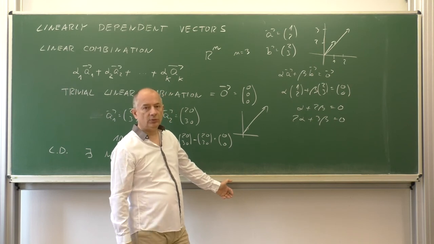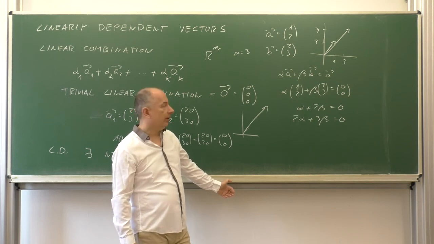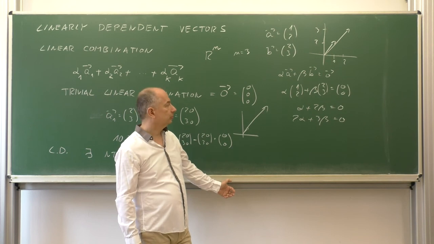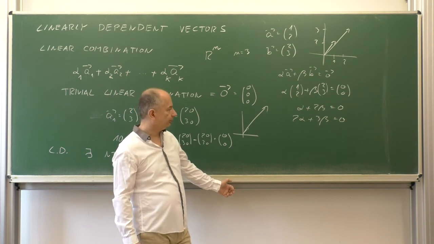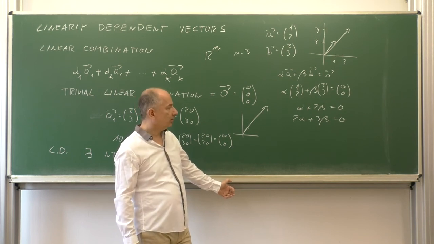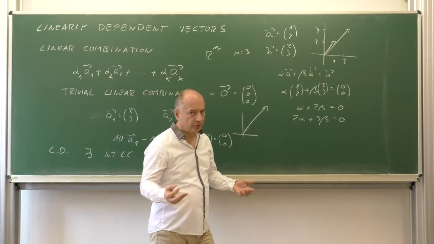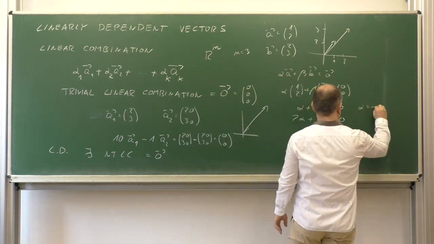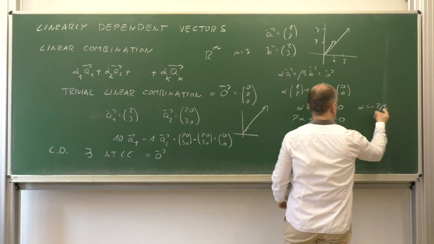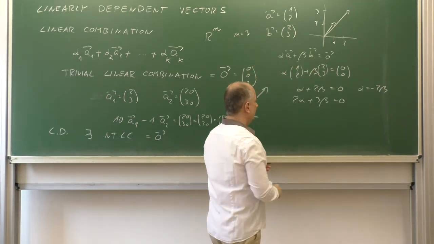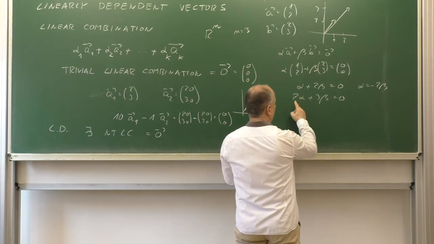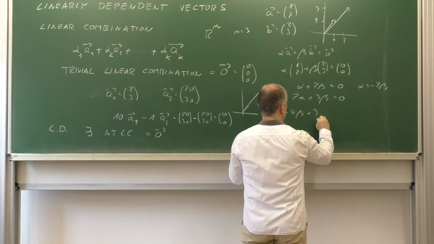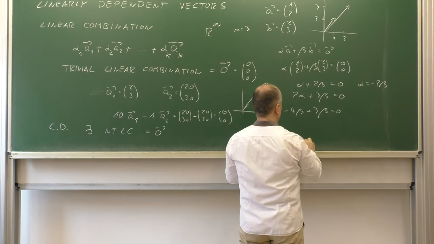This is a system of two algebraic linear equations for two unknowns, a homogeneous system. And this can be solved in many ways. Perhaps one very simple approach is to express alpha in terms of beta and to substitute into the second equation, and then we have 2 alpha will be minus 4 beta plus 3 beta is 0.